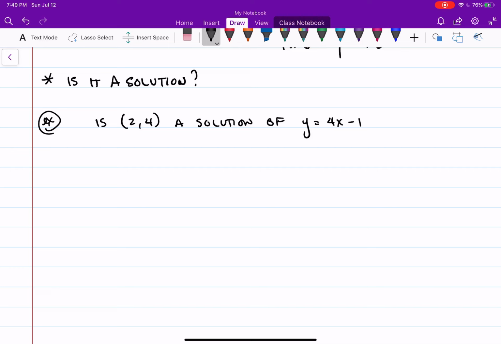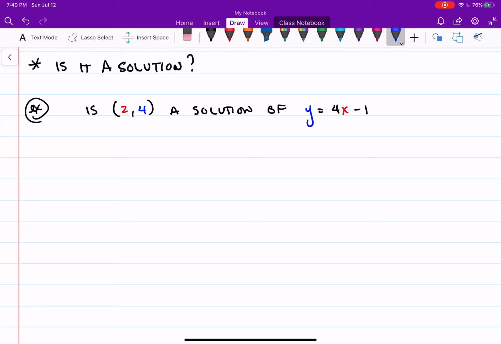Okay, so how do I go about doing that? I want to look at my x value, and I'm going to replace the x in the equation with that x value. Same thing with the y value: I replace the y with that y value. So we're going to say 4 equals 4 times 2 minus 1.